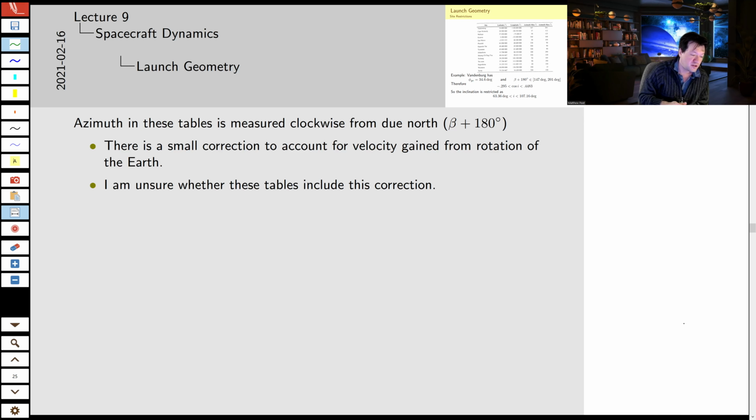So if you have a table of acceptable azimuths, you probably need to include a small correction from that little delta V you get from the rotation rate of the Earth, because I believe the azimuth angles are restricted based on the Earth-centered, Earth-fixed coordinate system. And again, they're all measured from due north, 180 degrees in the tables.